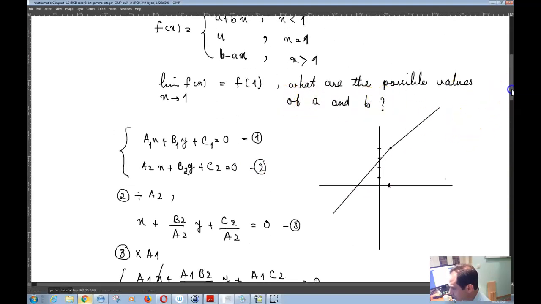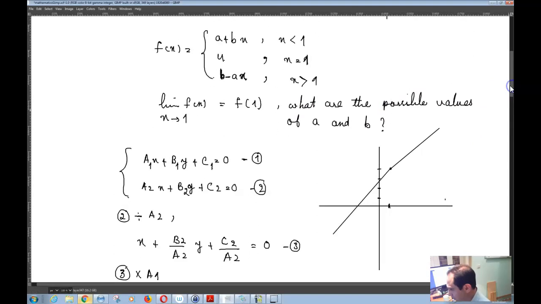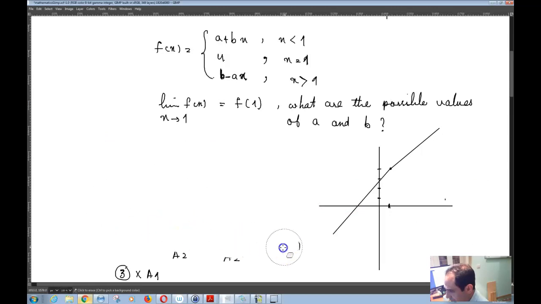But there is actually a simpler way to do the same thing, meaning that what you can do is that at this point at x is equal to 1, we know that the output of the function is 4. F of x is equal to 4.